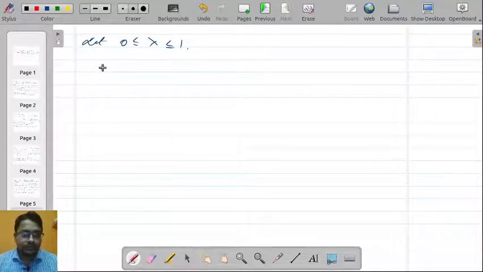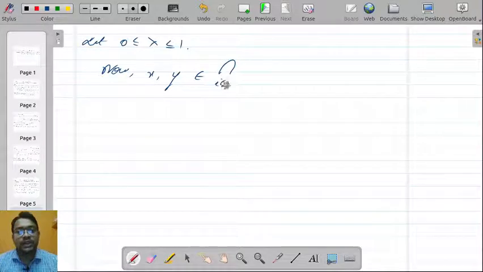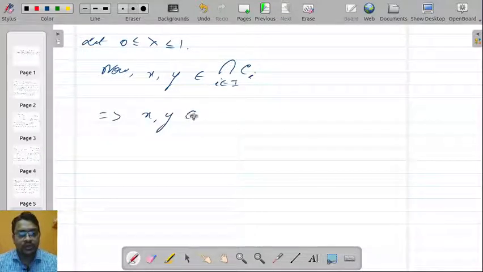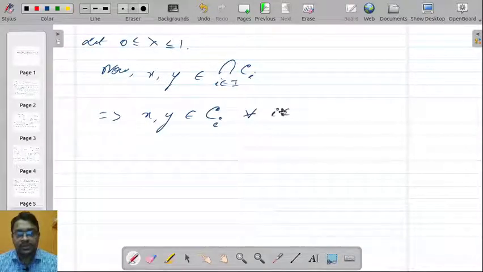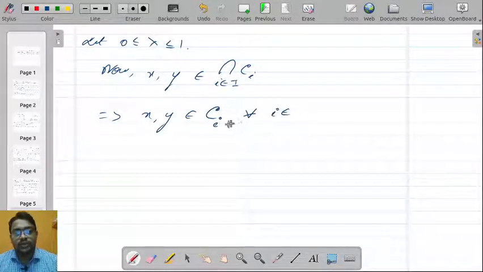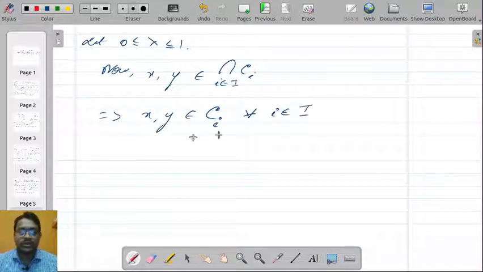Now x and y belong to the intersection of Ci. This implies that if something is in the intersection, it is in every member of this collection. So x and y belong to Ci for all i in capital I.